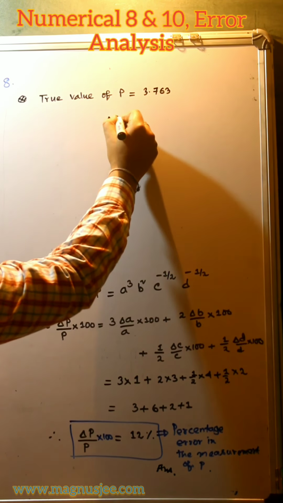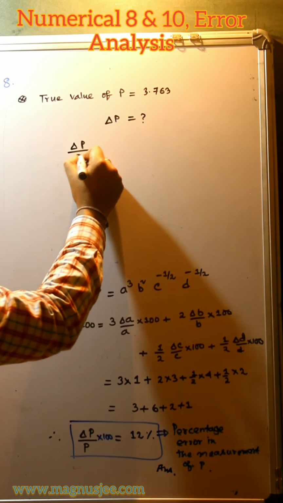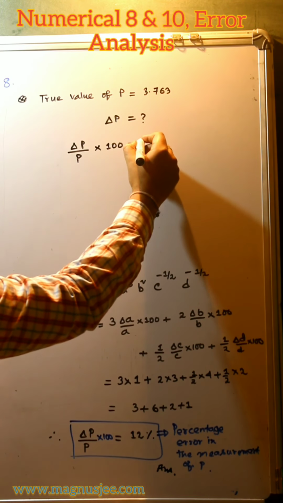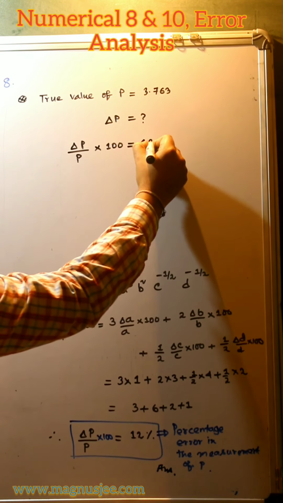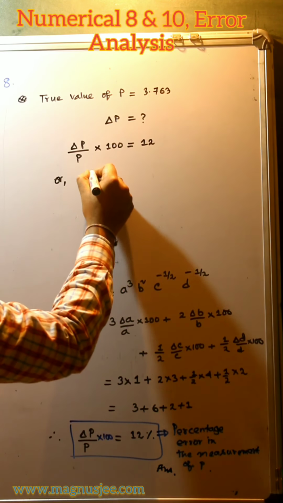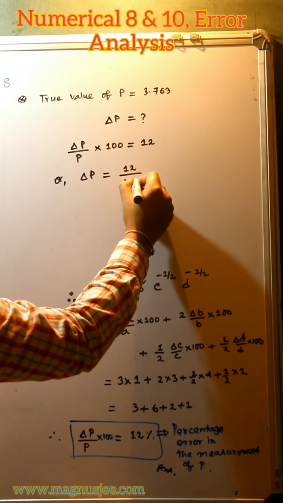So we have to find delta P equal to question mark. We know that delta P by P into 100 is equal to 12%. Already it is derived as 12%, or delta P is equal to 12 by 100 into P.